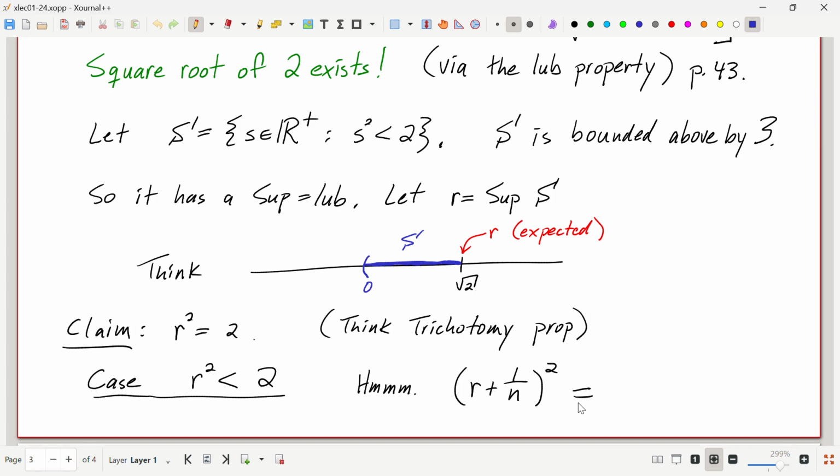So let's see, last time, the idea about showing the square root of 2 exists is we take that thing that was a Dedekind cut, and instead of taking the rational numbers, we take all the positive real numbers whose square is less than 2. Dedekind sort of thought, okay, I'll invent cuts and make those be real numbers and define the square root of 2 to be that.